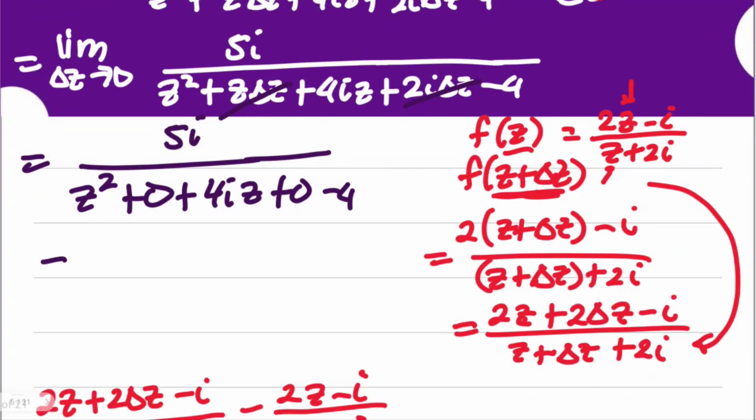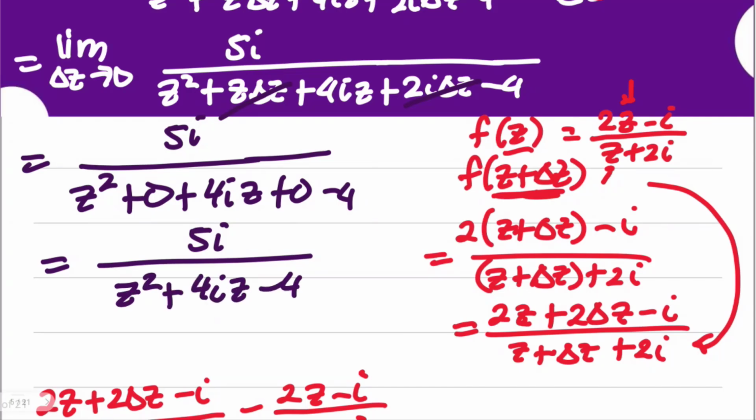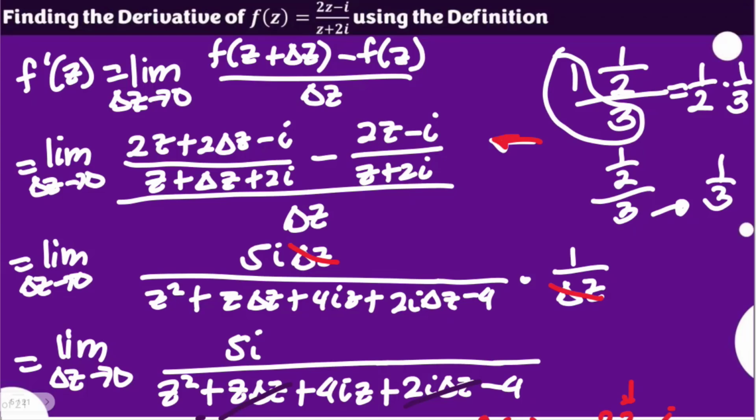So our final answer, or the derivative of the given rational expression, is 5i over z squared plus 4iz minus 4. Okay? This is the derivative of the original function (2z minus i) over (z plus 2i) using the definition.